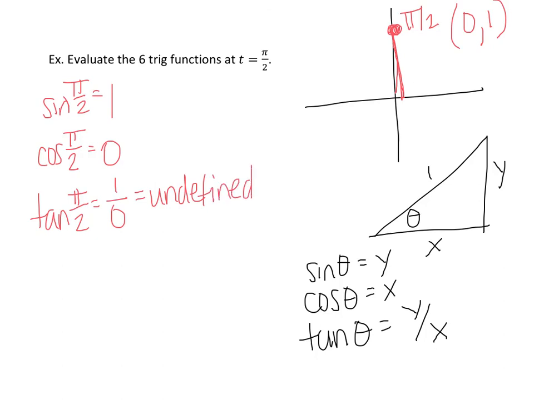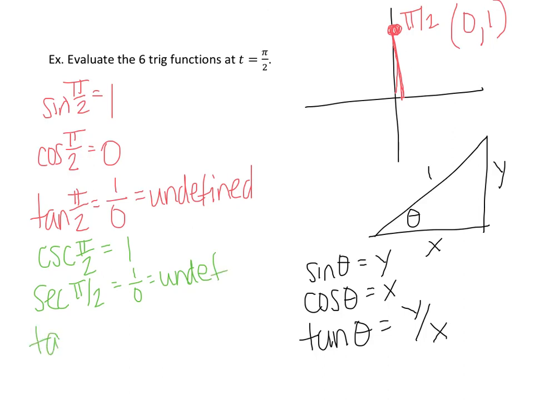Your reciprocal functions: your cosecant of pi over 2, if I flip over 1, I still get 1. My secant of pi over 2, if I flip over 0, I get 1 over 0, which is going to be undefined.